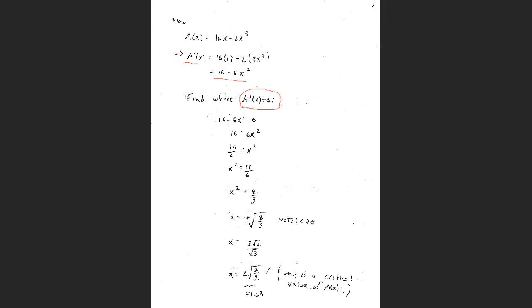So I'm going to set A prime of x, which is 16 minus 6x squared, equal to 0, and solve for x. I'll give you a moment to copy this. Let me know if you have any questions.